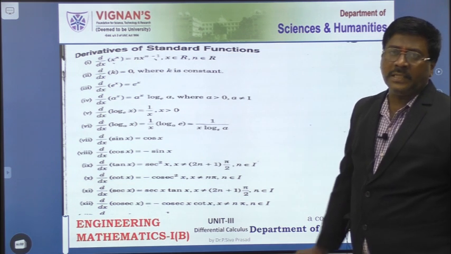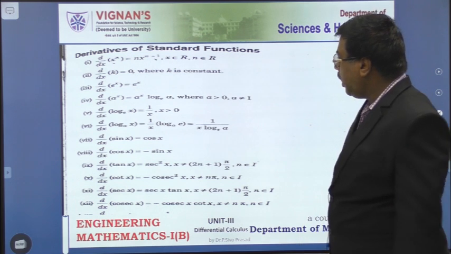Now, how these are useful for the derivatives also. Please all of you see this.